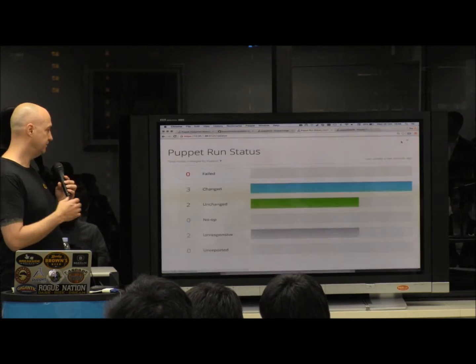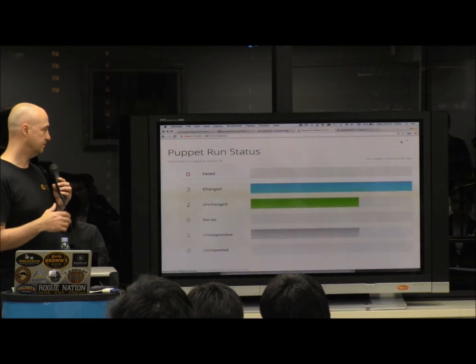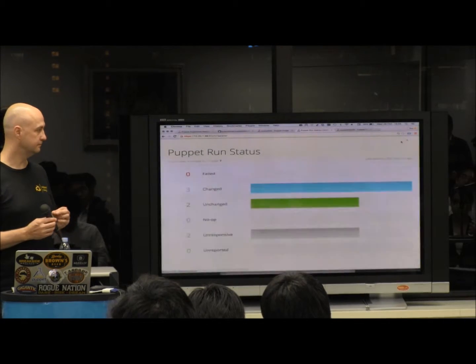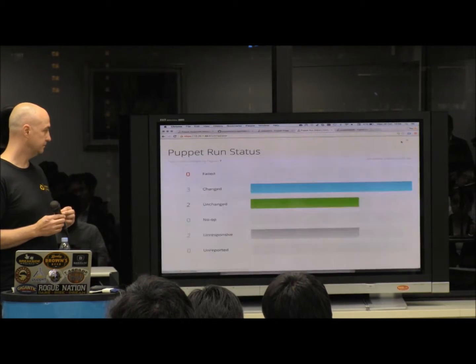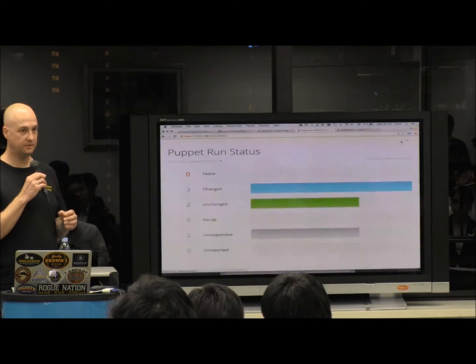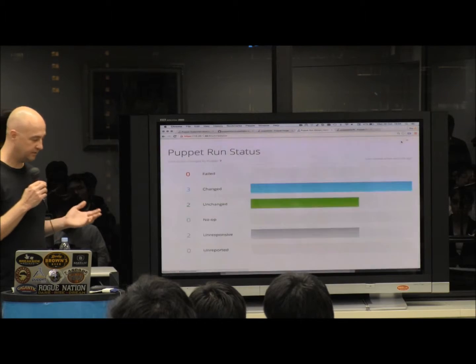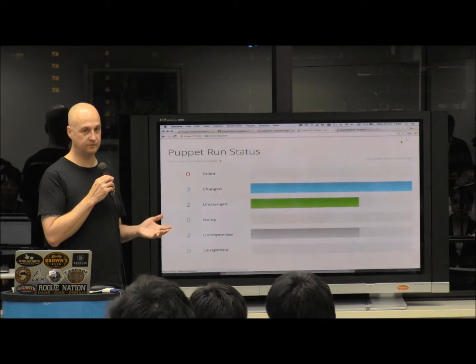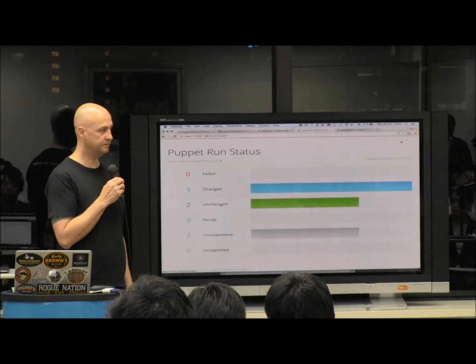And we also have this view here so you can see constantly what state your system's in. So you can take 150 steps for you to deploy an application down to a job that takes less than 2 minutes.